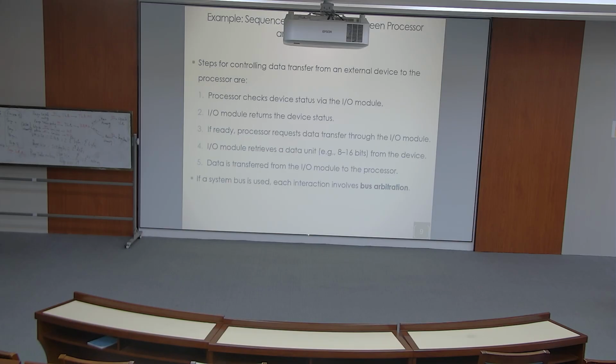So you need to understand that during this communication, the input-output device needs to communicate with the processor via the input-output module. The input-output module is very important to coordinate the communication of each input-output device with the processor.